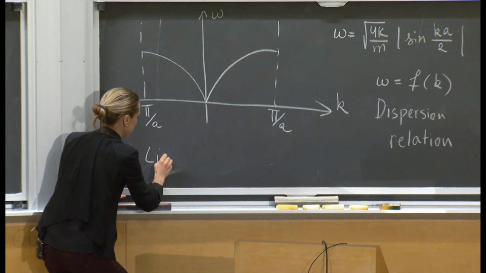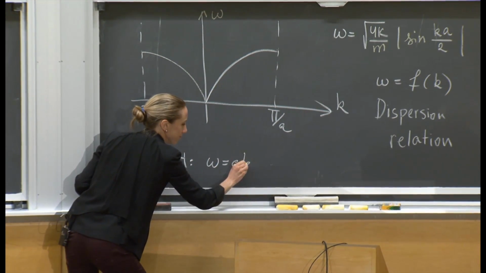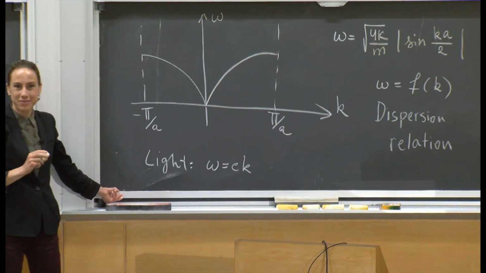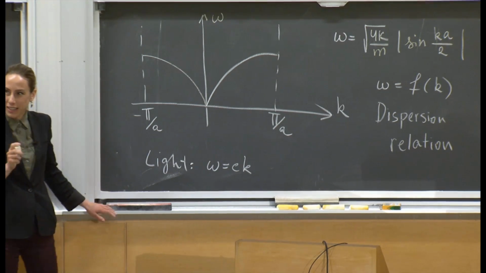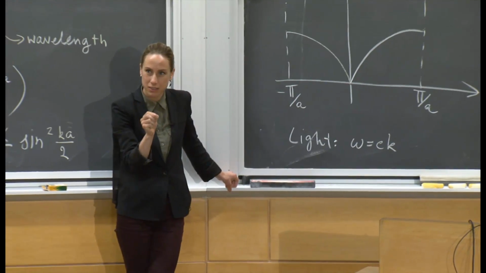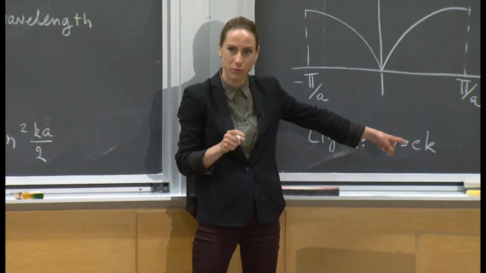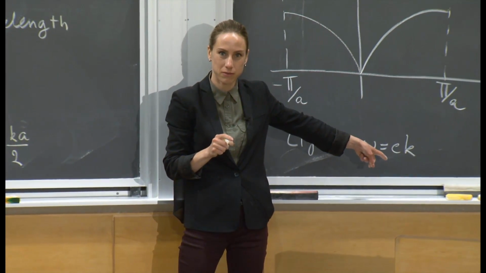For light, it was very simple. For light, your relationship between frequency and wave vector was linear.